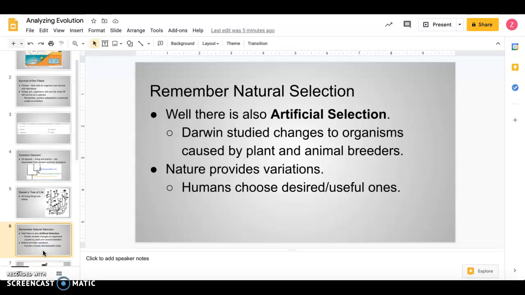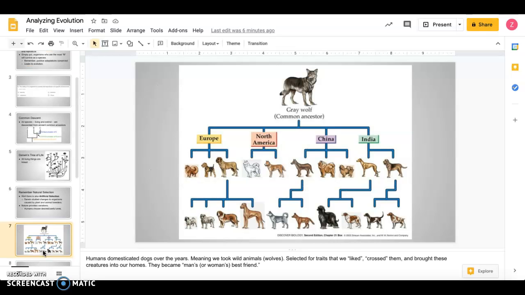Now, we talked about natural selection and survival of the fittest, but there's also something known as artificial selection. Darwin, again, studied changes to organisms caused by plant and animal breeders. Nature naturally produces variations, but humans, throughout history, have chosen desirable and useful traits in animals and plants and used them to our advantage. An example would be the dog. Humans, I guess you could say, created domesticated dogs.